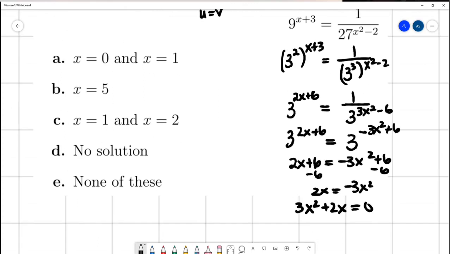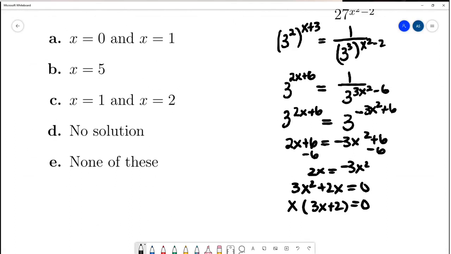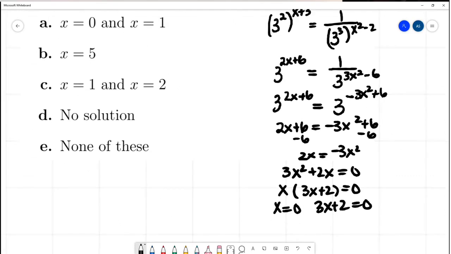I can factor out an x, and that gives x times 3x plus 2 equals 0. I'll set each factor equal to 0. And that gives x equals 0 and x equals negative 2/3. So I would answer none of these.